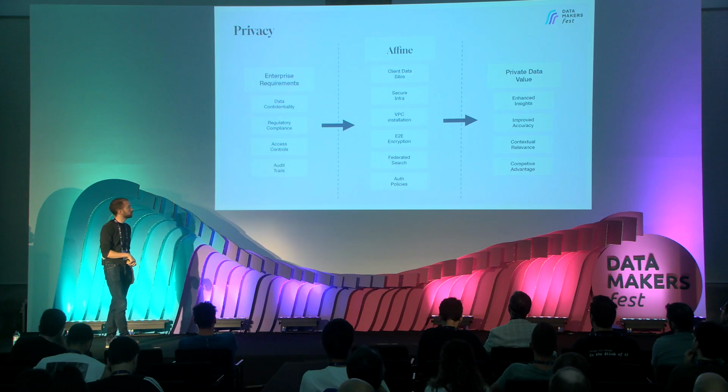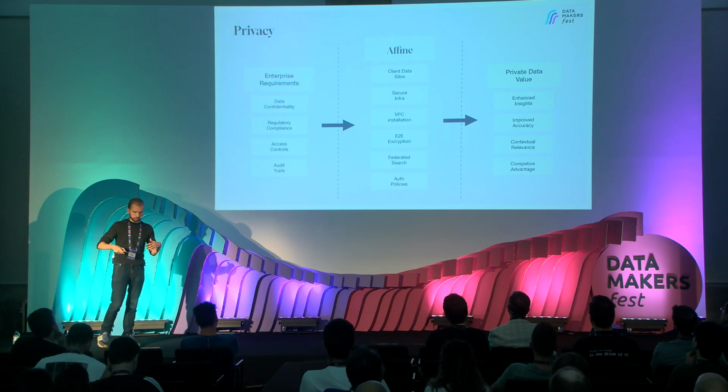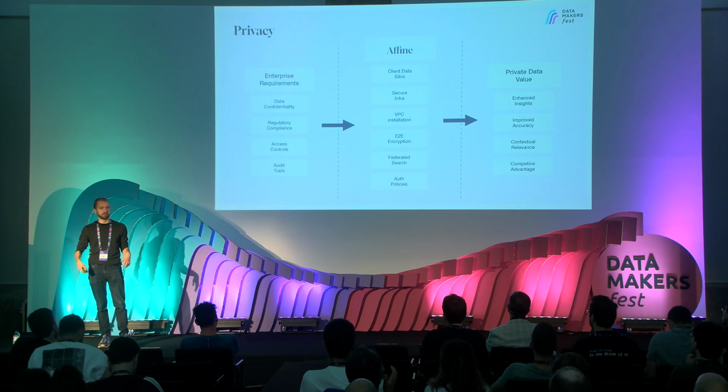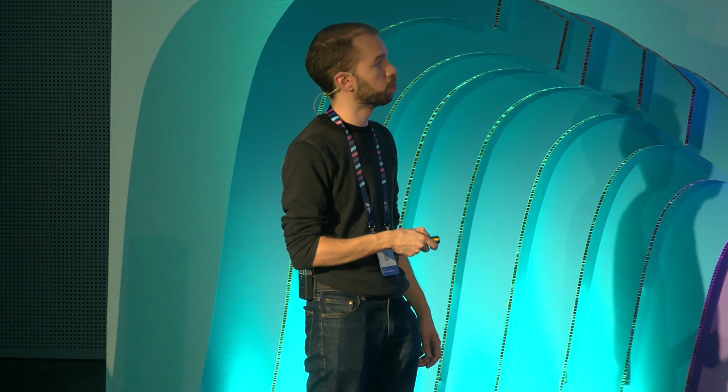And of course, with this, the value of private data is very important, because legal departments and law firms have produced very rich private data over the years, but a bunch of this data is not used. By using Affine, we allow them to use this data and to take value from it. And of course, this is a very competitive advantage.